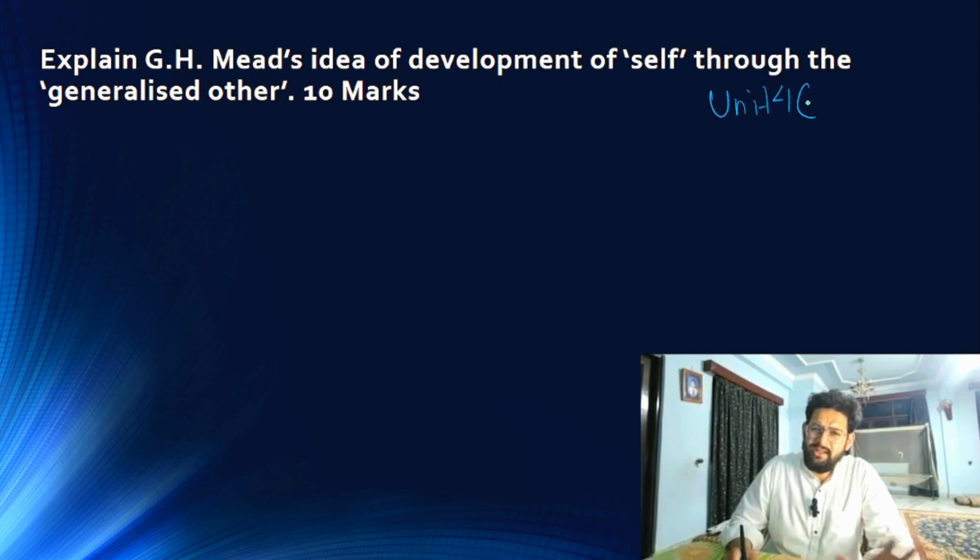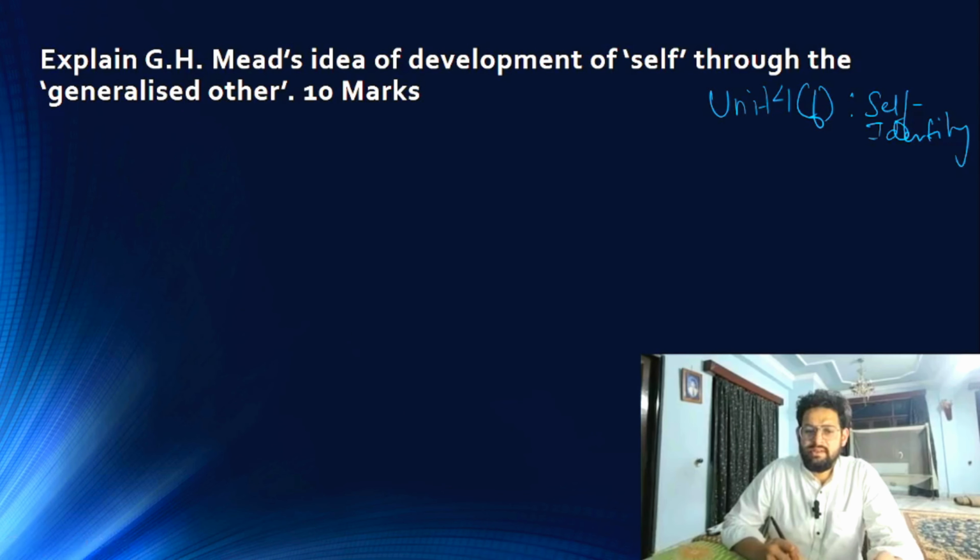So 5 thinkers are focused on in greater detail, but he is the 6th thinker, and that will be A, B, C, D, E, F. So he is the 6th thinker that we are having, and in that only one topic is there, that is self and identity. So this is a pretty straightforward question. There are no ifs, there are no buts here. The question is asking, explain G.H.